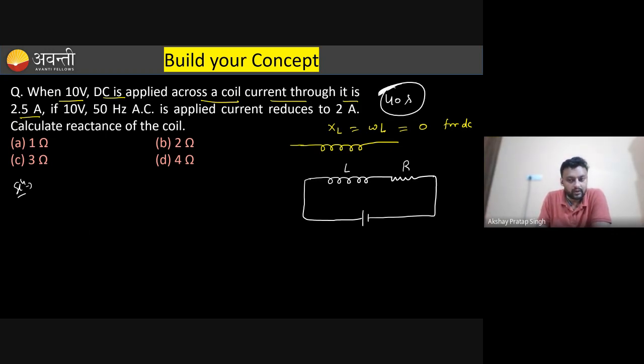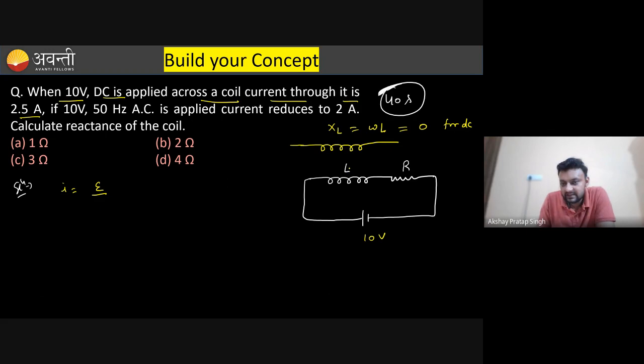Now, they are saying 10-volt DC is applied, and current is 2.5 ampere. Now, how can you write the current? I is equal to E by resistance.